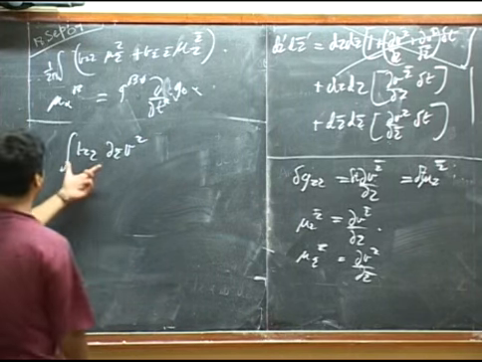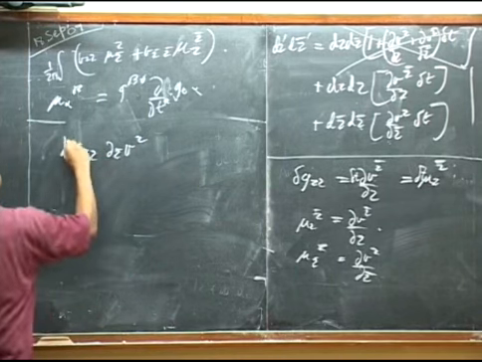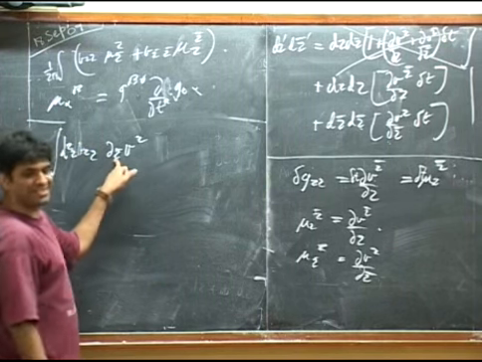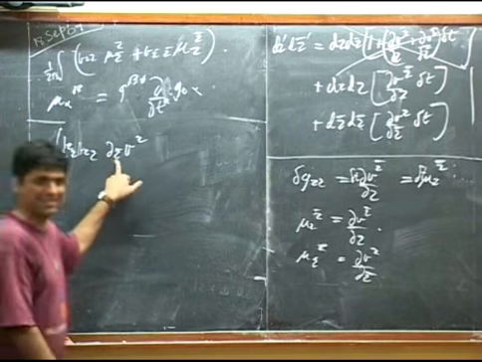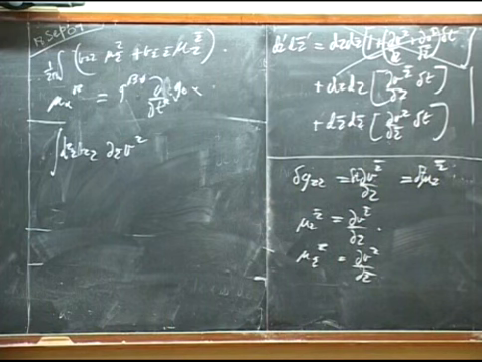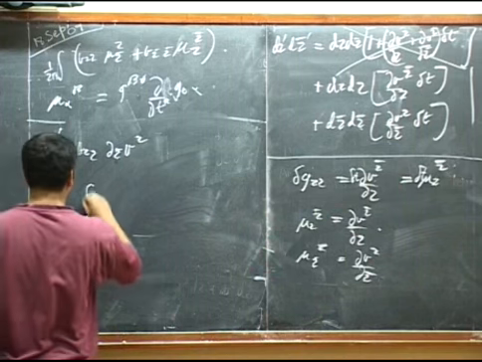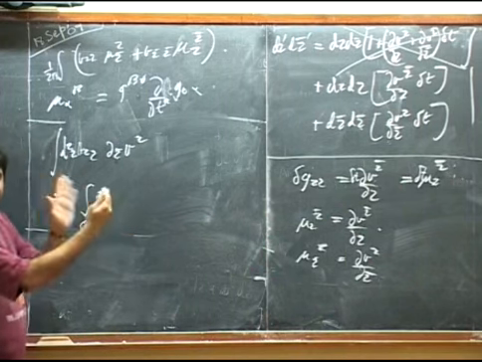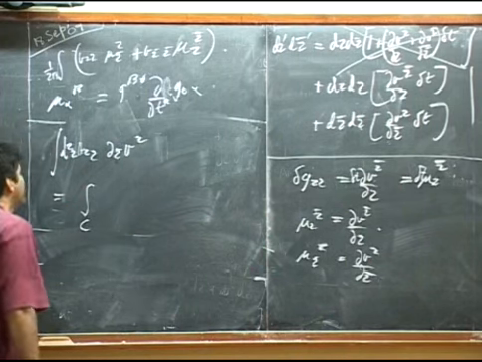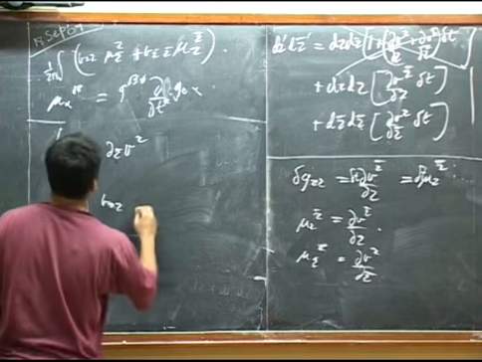Okay? Now, we've got this d2z, but we've got this dz bar. Okay? So, we do the z bar integral. What's left behind is a z contour integral surrounding the region of interest. Okay? So, this is equal to integral over a contour surrounding the region of interest, bzz dz.